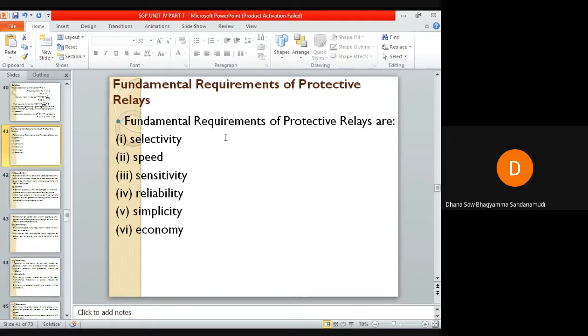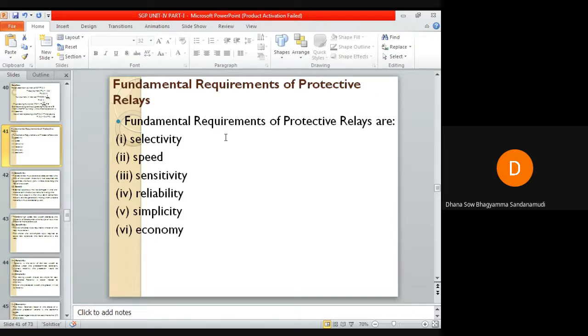Next is reliability. Reliability is the ability of the relay system to operate under predetermined conditions. Of course, faults are unpredictable. We can't say when a fault will occur in the power system or at what location. We can't decide the location and time of the fault. So the ability of the relay to operate under predetermined conditions is known as reliability.